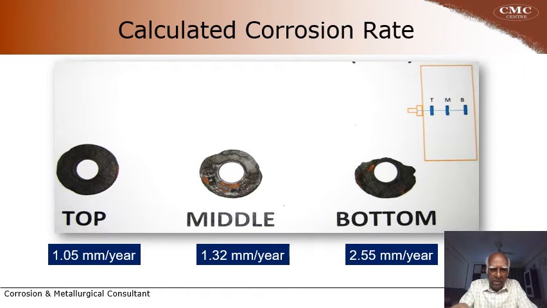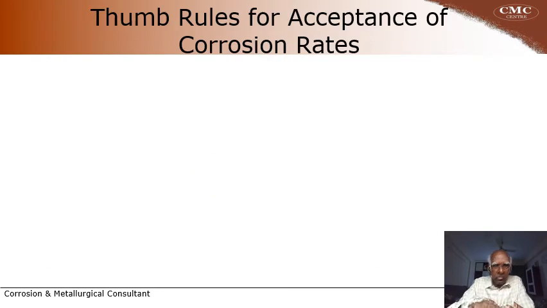You can see here the coupons shown earlier are exposed to a pipe containing oil and water, and you can see the top one 1.05 mm per year, middle one 1.32 mm per year, and the bottom one 2.55 mm per year. So on the same position, different corrosion rates.